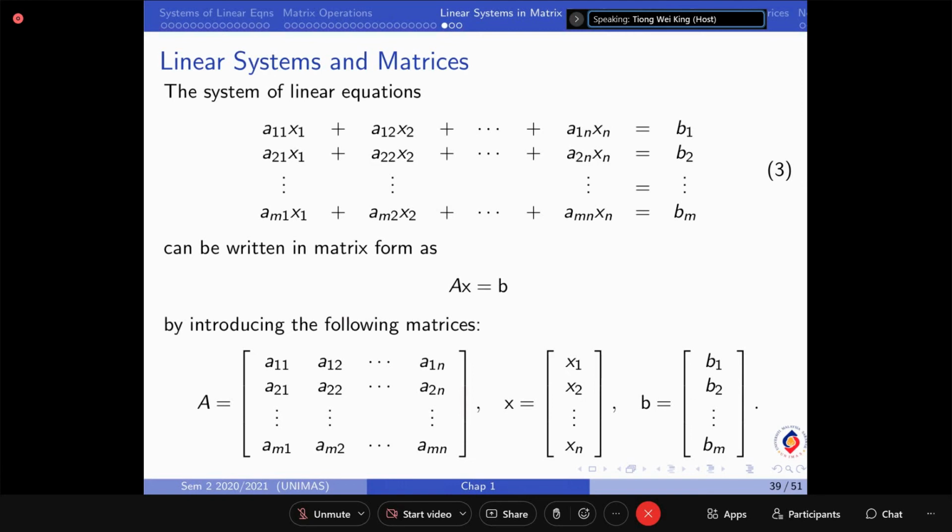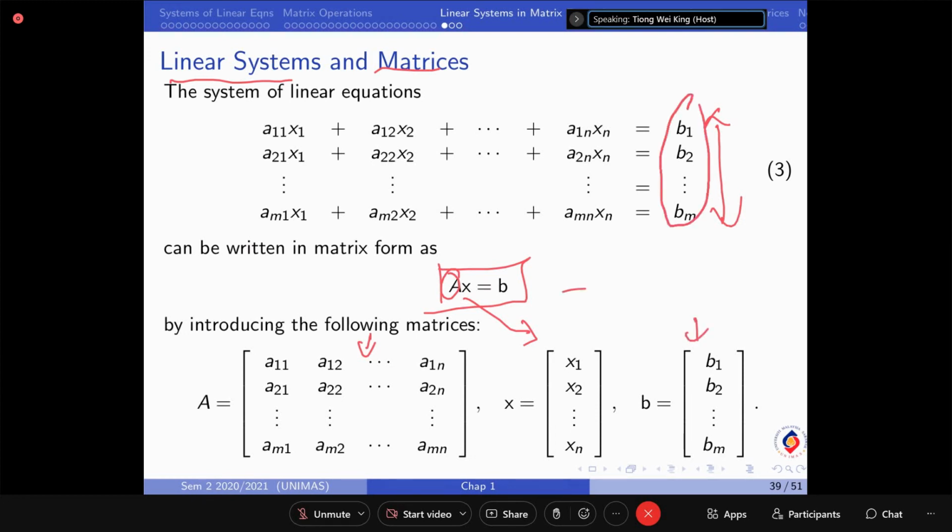Now, what is the relationship between linear systems and matrices? A linear system, a system of linear equations, you can rewrite in the form of a matrix equation AX equals B. A is this matrix, X is the matrix of the unknowns, X1, X2, X3 until Xn, and B is the right hand side.